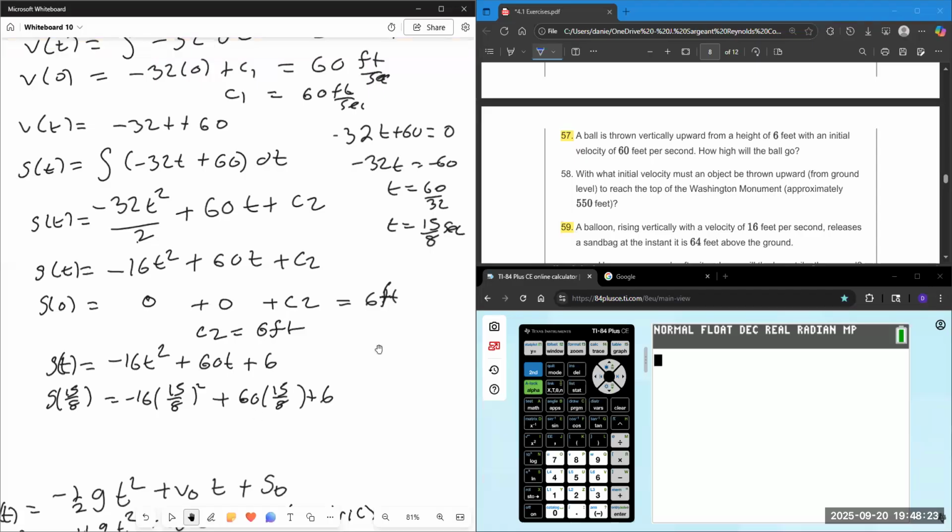I really don't feel like finding the fractional answer for the position because we probably want the decimal answer, so I'll stick this into my calculator at this point. 15 over 8 raised to the second, plus 60 times 15 over 8, plus 6 gives us an answer of 62¼ feet above the ground. So now on to number 59.